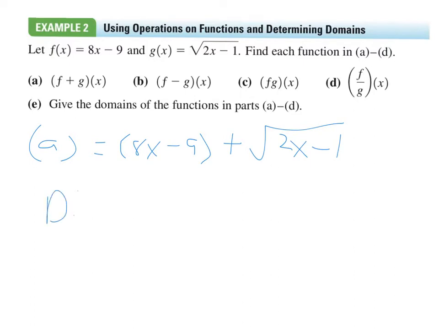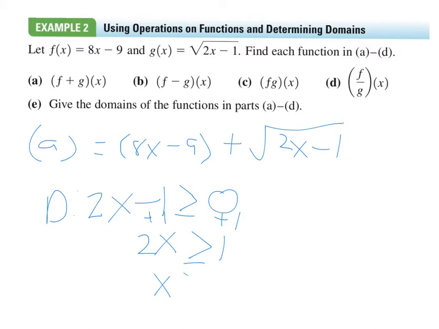So the domain is where the radical is non-negative, so this 2x minus 1 has to be greater than or equal to 0, which means 2x has to be greater than or equal to 1, because if you add 1 to both sides, so x, we want all the x values greater than or equal to 1/2.